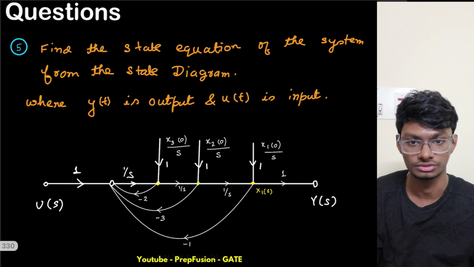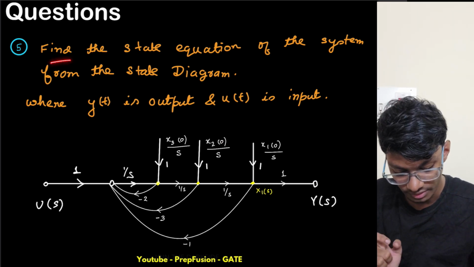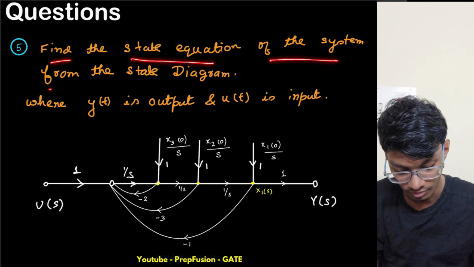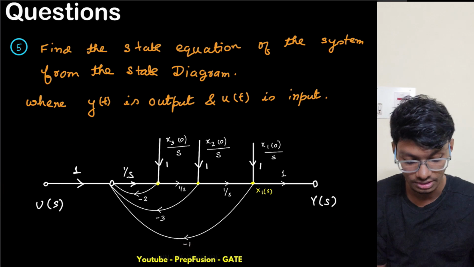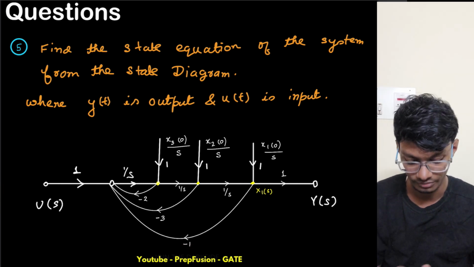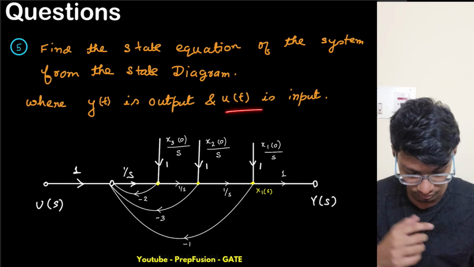So this is the first question. It asks us to find the state equation of the system from the state diagram. We have been given the state diagram, where y of t is the output and u of t is the input.